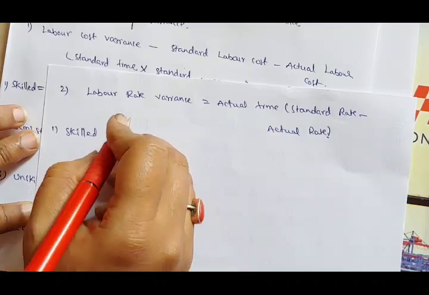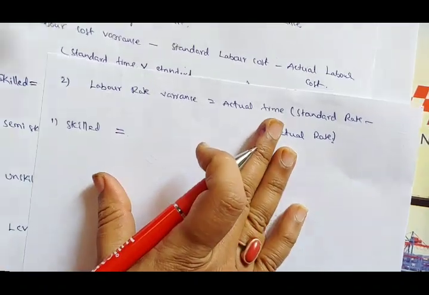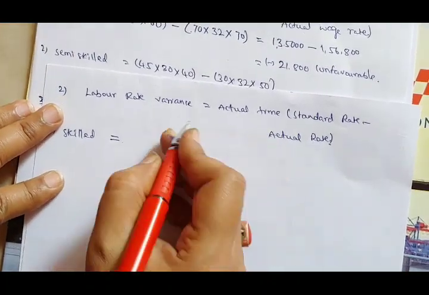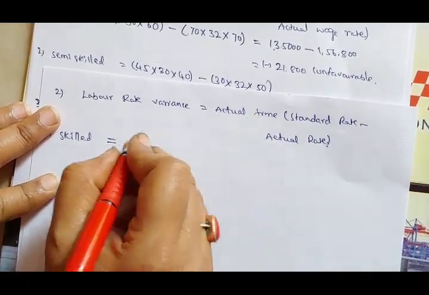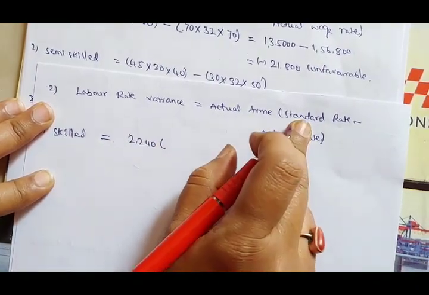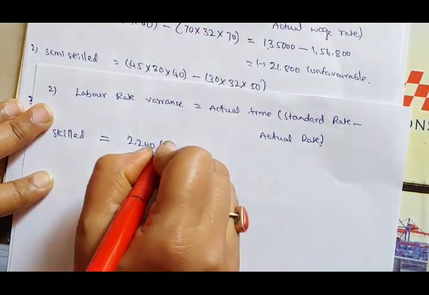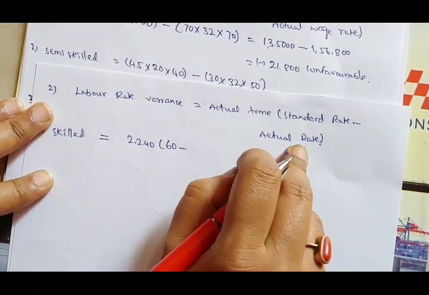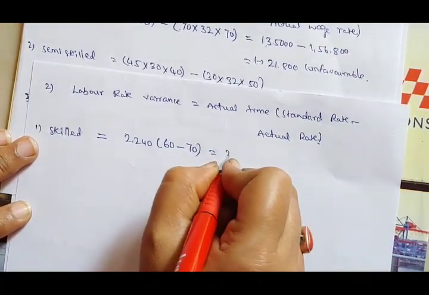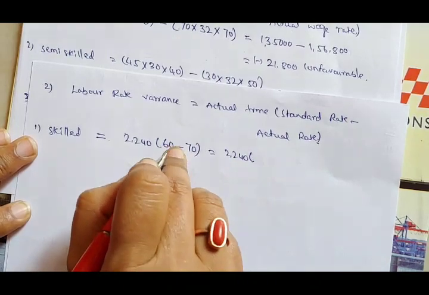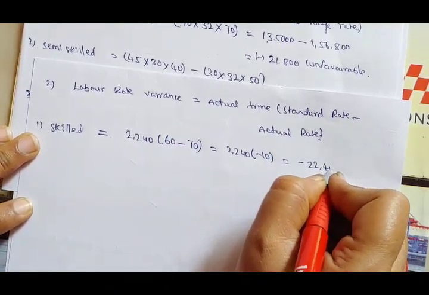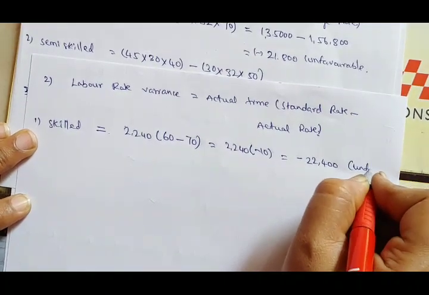Skilled members actual time is 2,240. Standard rate is 60 rupees minus actual rate of 70, equal to 2,240 into minus 10, which is equal to minus 22,400. It is unfavorable.